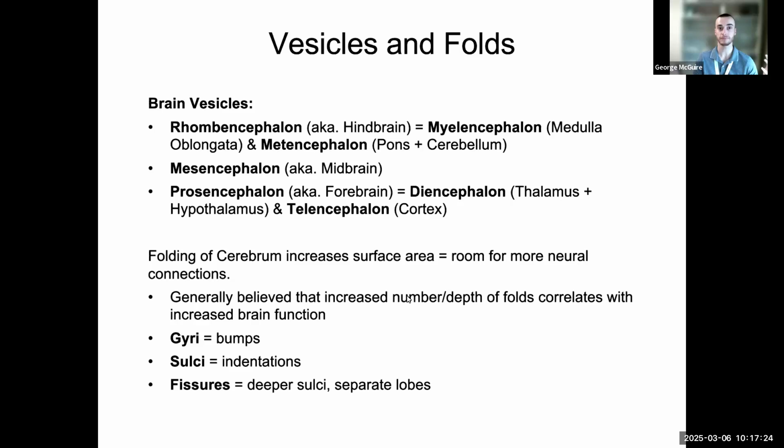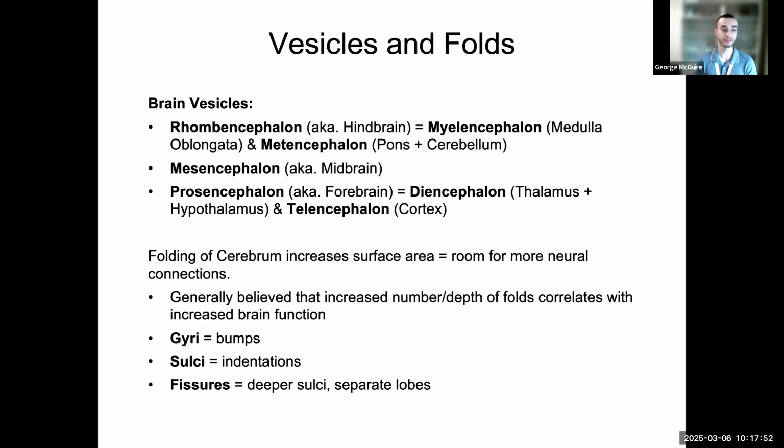These come about simply due to the pressure of the space that the nervous tissue has as it is developing, which ends up pushing that nervous tissue into these folded structures, which we have also found through research and observation tend to correlate with the amount of processing power that a brain has. Essentially, the more folds seems to have a direct correlation with a higher level of processing power.